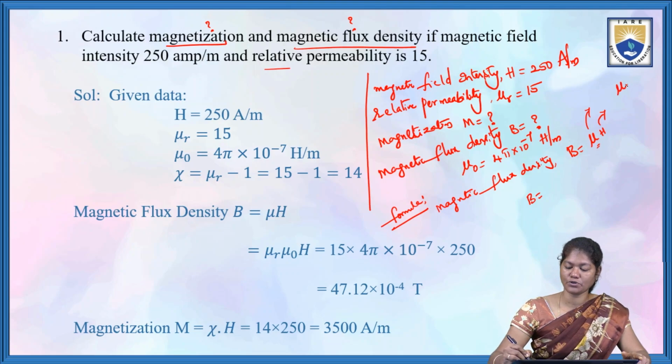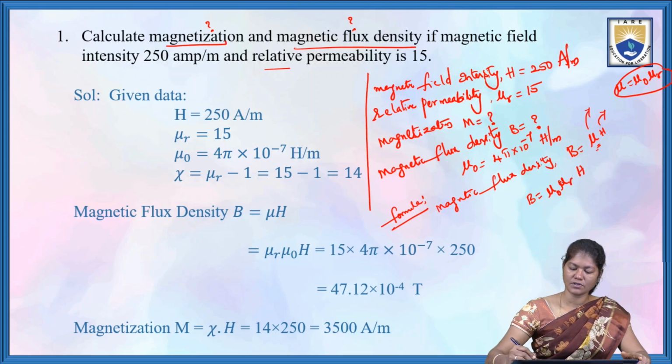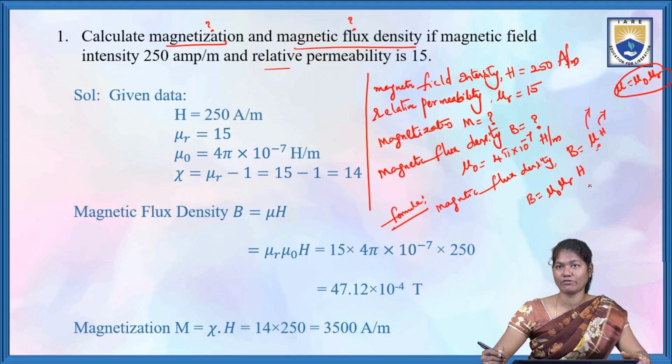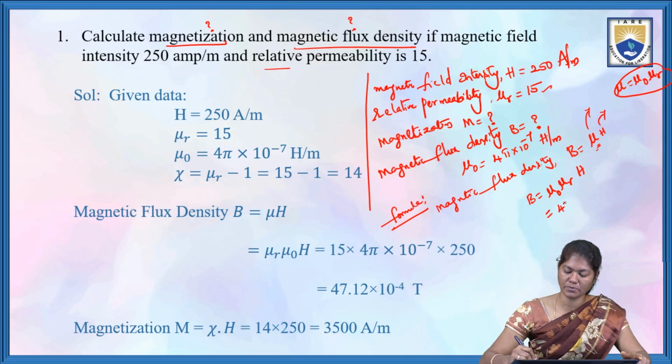From this relation, mu is equal to mu naught mu r, so B is equal to mu naught mu r into H. Substituting the permeability of free space and the relative permeability from the problem, B is equal to 4 pi into 10 power minus 7 into 15 into 250 ampere per meter.